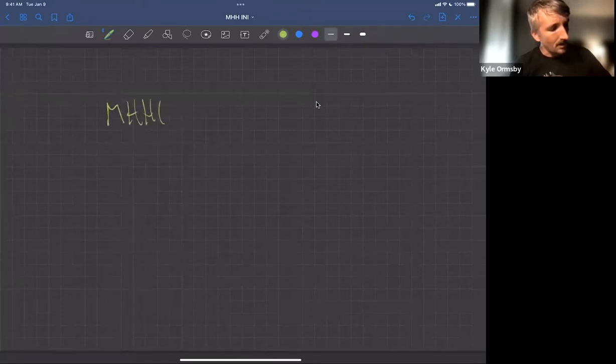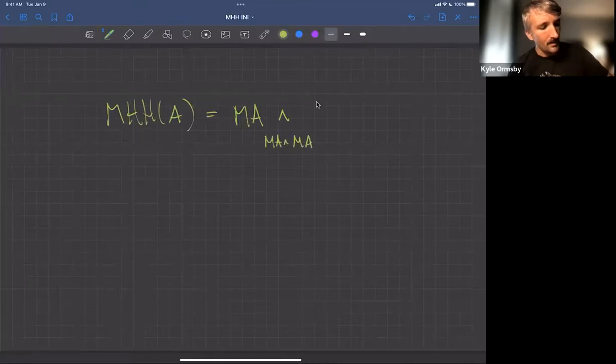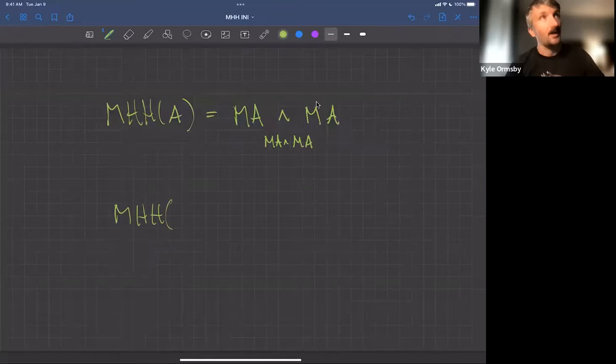But MHH of a commutative ring A is the Motivic Eilenberg-Mac Lane spectrum of A smash over MA smash MA with MA. This is a specialization to the case of a commutative ring for a general A infinity motivic spectrum. We could say that MHH of, what's a good letter?